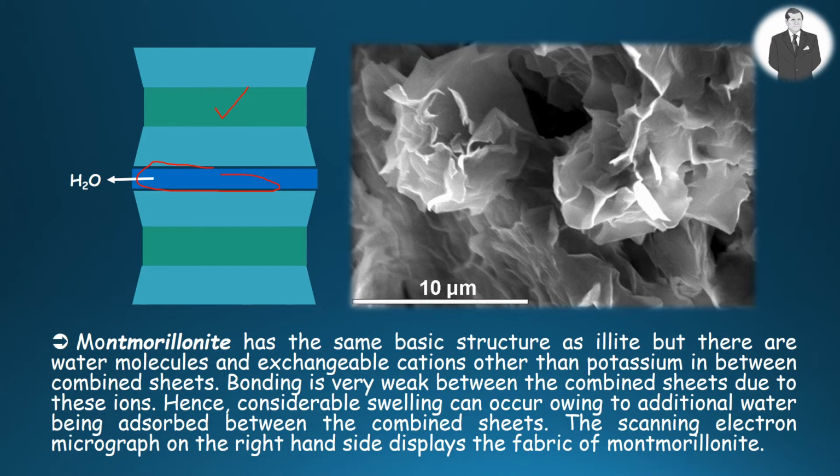Thus, considerable swelling can take place owing to the additional water being adsorbed between the combined sheets. The scanning electron micrograph on the right-hand side shows the fabric of montmorillonite.